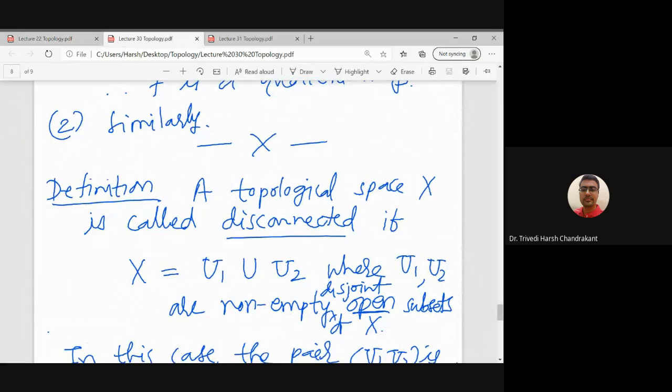So let us first revise the definition of a disconnected topological space, which we discussed in the last lecture.